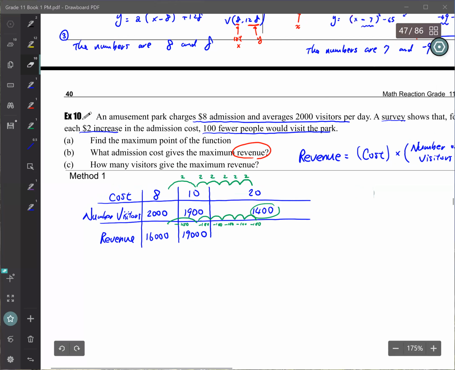Each time you increase by $2, $2, $2, you're taking steps. So from $8 to $20, you took 6 steps, because the total is $12. Same with 2,000 to 1,400: it's also 6 steps, by stepping down.